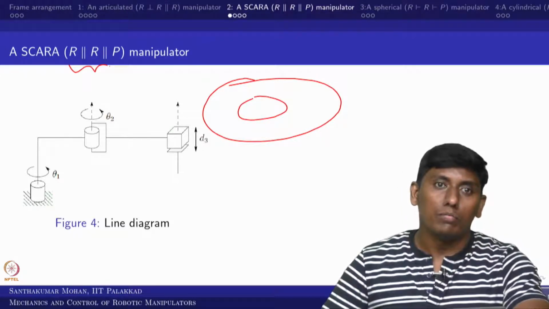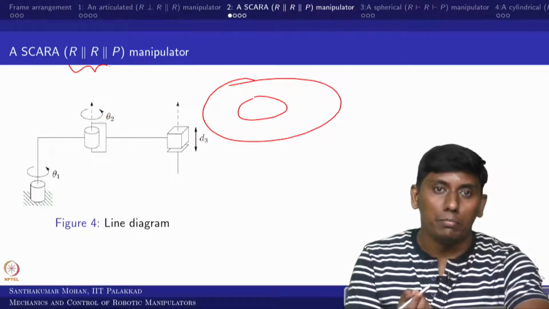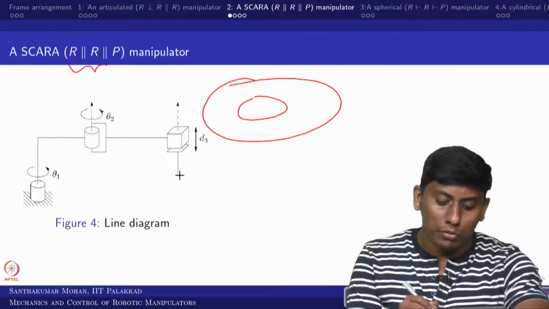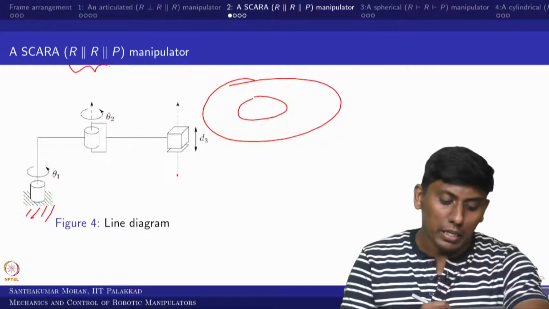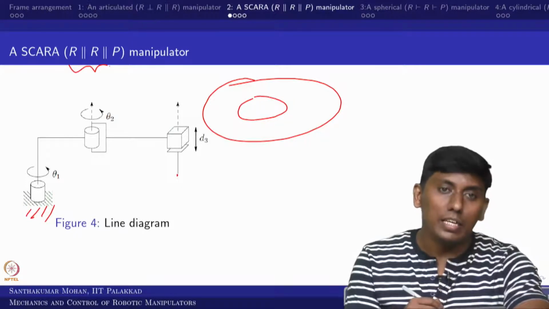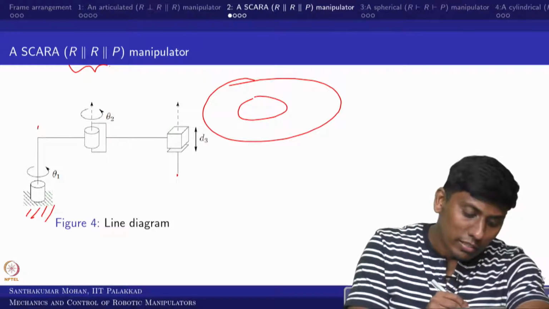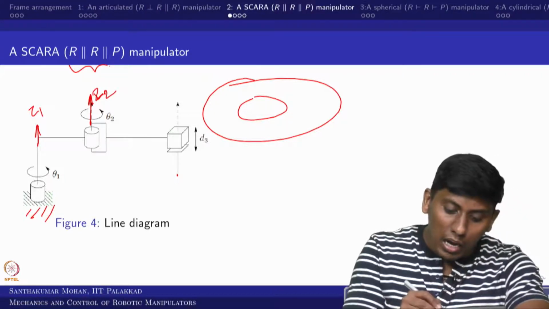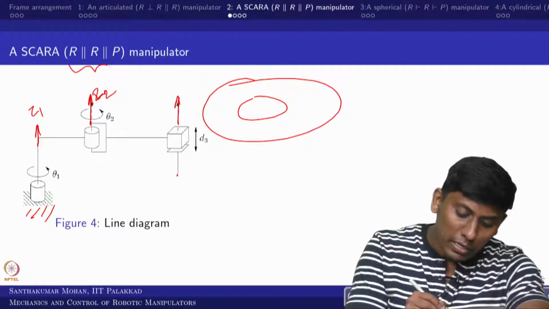But what we really want to see here is to find the frame arrangement, and then see what the end effector position would be with respect to the base. That is what we are interested in. We can always fix the z axis. So this is z1 and this is z2, based on the given joints, and the positive direction is given here. Please be clear.